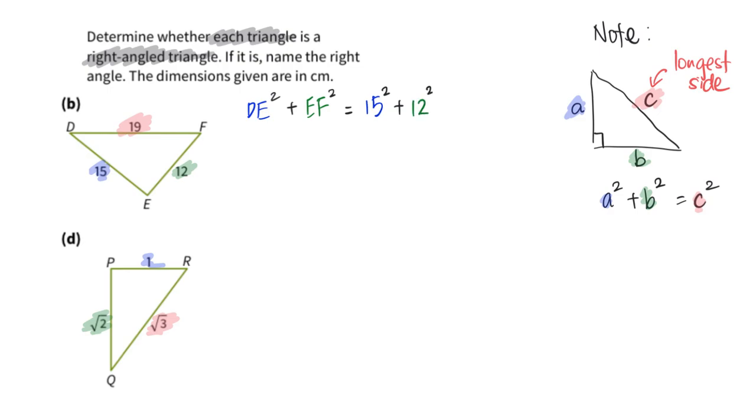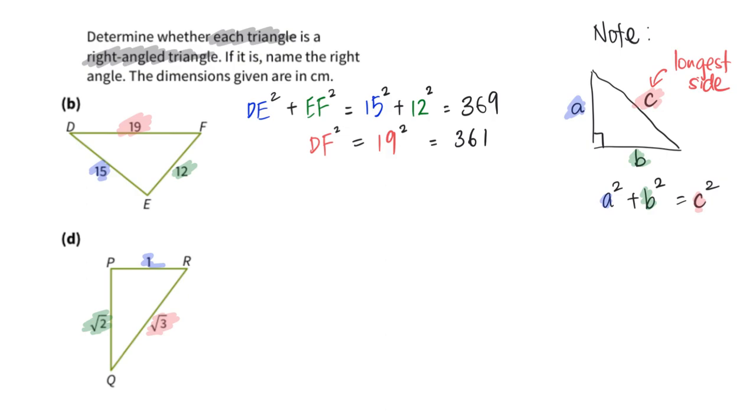And what number is this? 369. Then I'm going to check my DF square. In this case, it's 19 square. 361. Are they equal? Nope.